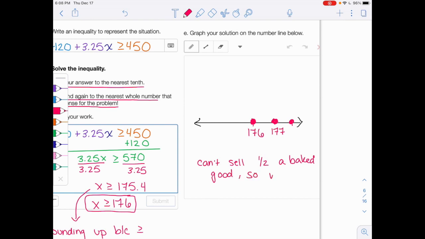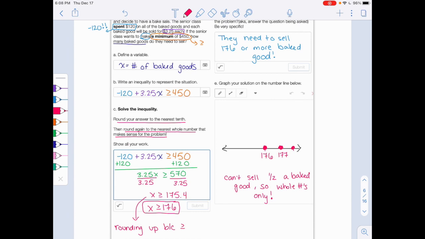So whole numbers only. This is only for word problems. If you have a regular inequality and it comes out to a decimal, you don't need to do this. If there's no word problem, you just do a regular number line.